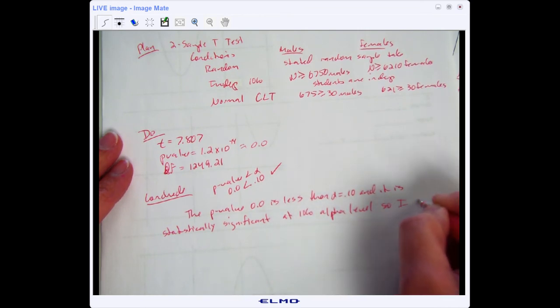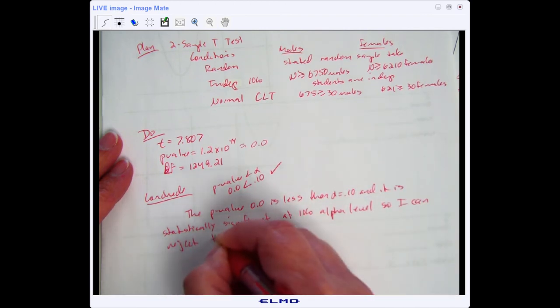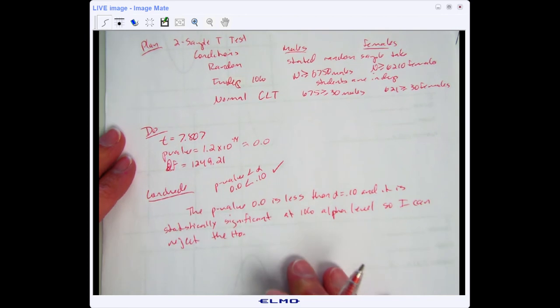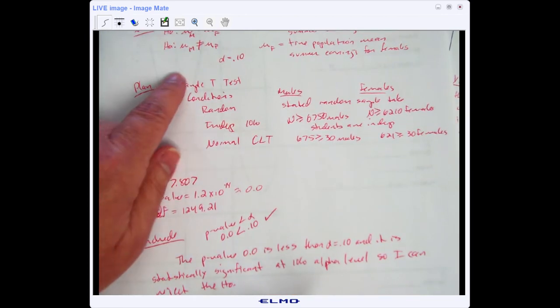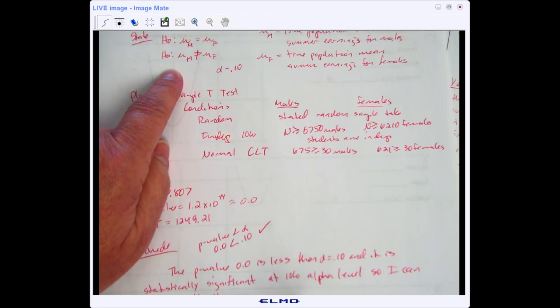So I can reject the H0. Okay, so if my p is low, I'm going to reject the H0, which means I do have evidence that the true population mean summer earnings for males is different than for females.